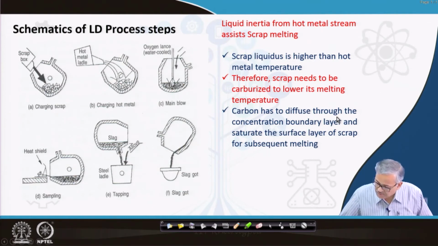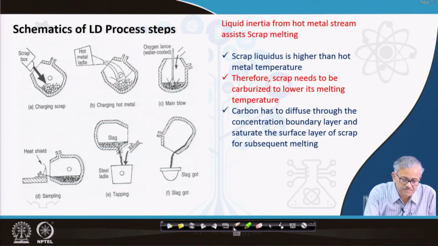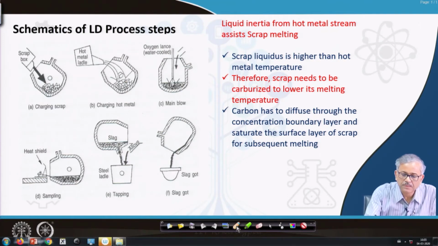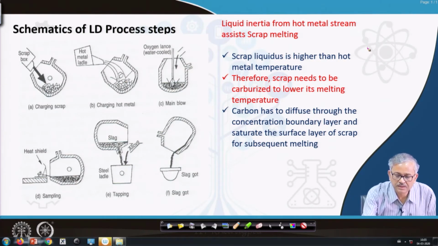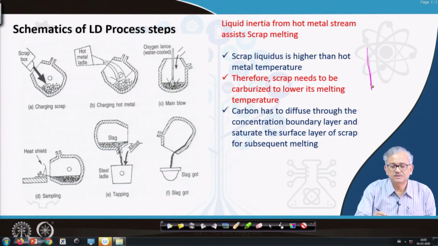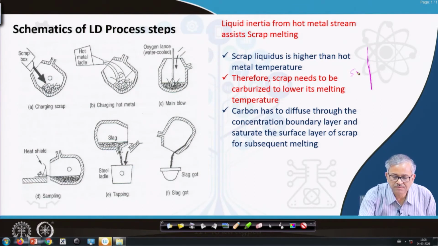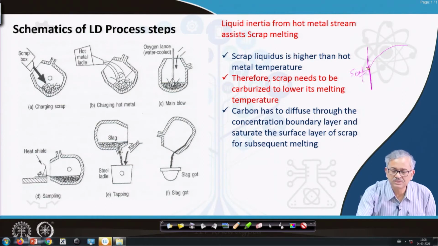Obviously, the carbon has to diffuse through a, you can see, if you have a scrap-metal interface like this, suppose let us consider this is the scrap. Then there will be a concentration boundary layer. This is the concentration boundary layer.